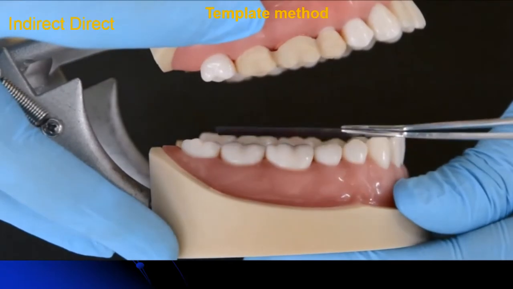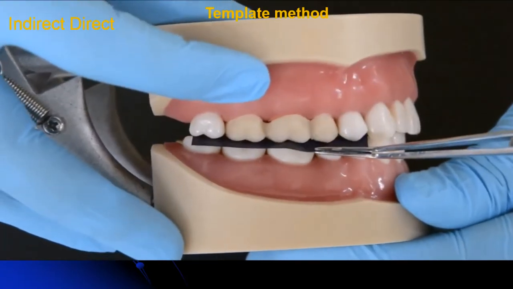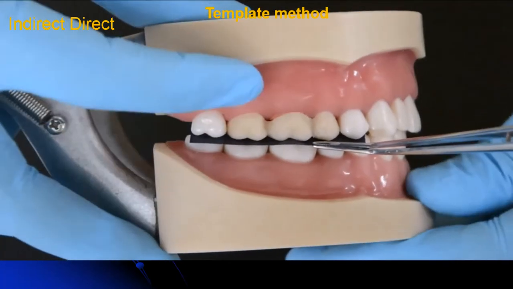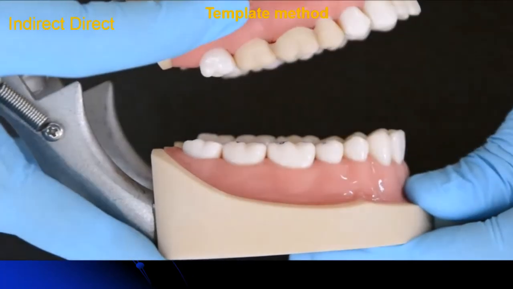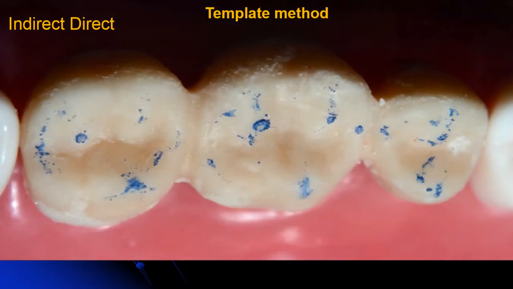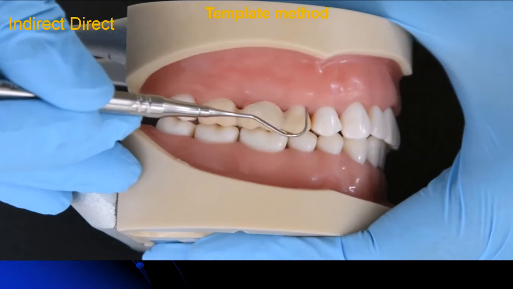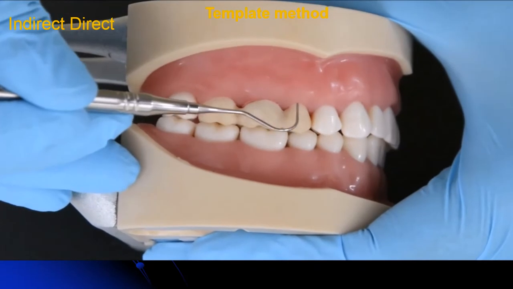Occlusal interferences are checked by using an articulating paper held between the maxillary and mandibular teeth. The teeth are occluded in maximum intercuspation. After removal of the interferences, the prosthesis is occluded. Check for marginal integrity of both the retainers.